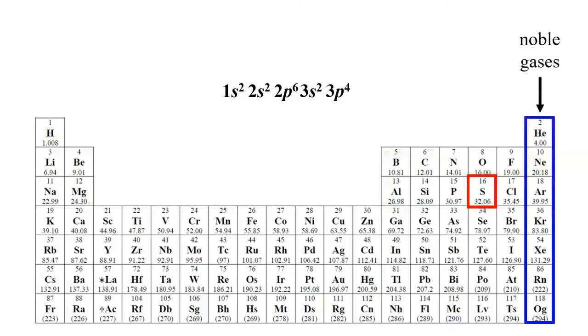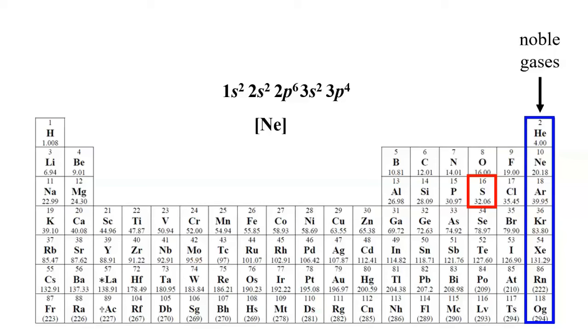So how do we write the abbreviated or noble gas abbreviated form of the electron configuration for sulfur? Well, let's go back to the end of the previous row. So I can see that sulfur is located in the third period, but at the end of period 2, there's the element neon. So neon is the noble gas that is an abbreviation for 1s2, 2s2, 2p6.